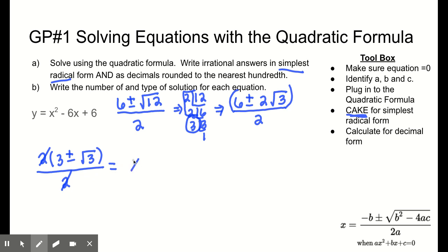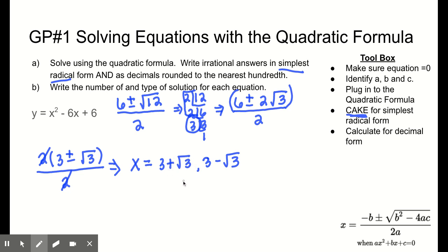Now I want to go ahead and separate this. So we have x is equal to 3 plus the square root of 3 and 3 minus the square root of 3. Showing our 2 separate answers. From here, we now need to calculate these. So in your calculator, you're going to type in 3 plus the square root of 3, however your calculator works.